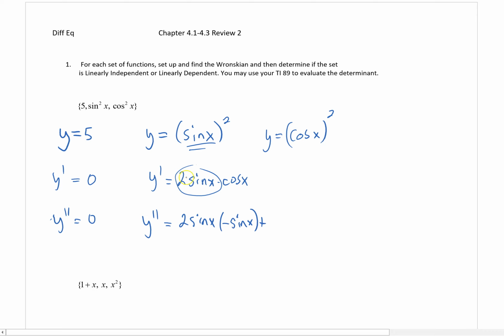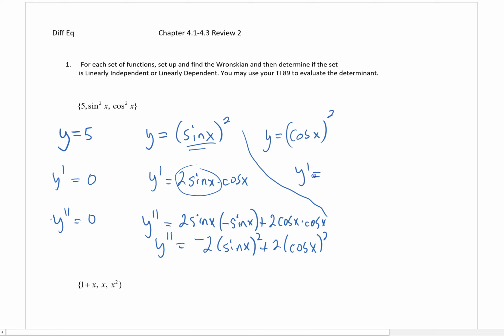And then we'll take the derivative of 2 sine of x, which is going to be 2 cosine of x, times the cosine of x. So in other words, what we'll really have is a negative 2 sine of x squared. And then we'll have a 2 cosine of x squared.